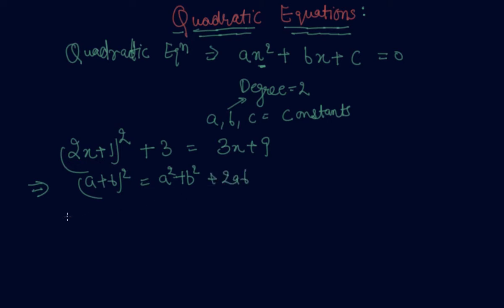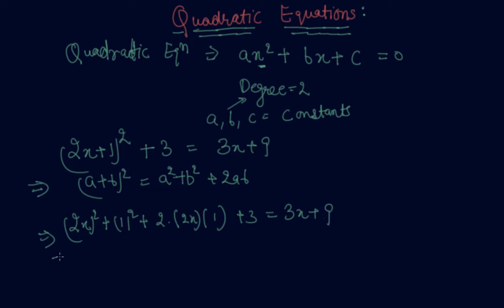Okay, so if you put the formula here, (2x) whole square plus 1 square plus 2 times 2x into 1, plus 3 equal to 3x plus 9. Okay, so we will get 4x square plus 1 plus 4x plus 3 equal to 3x plus 9.